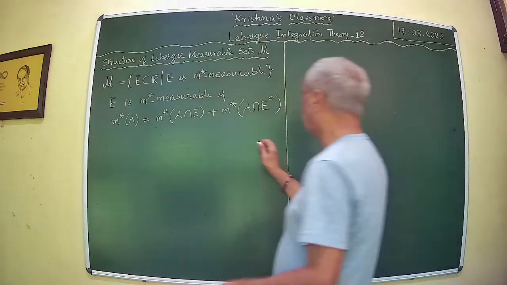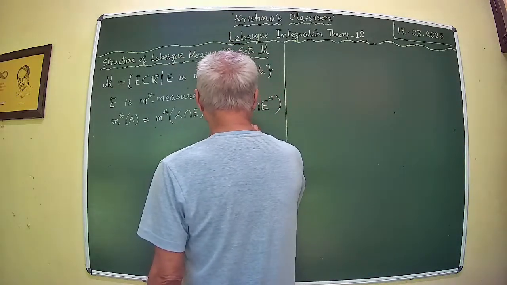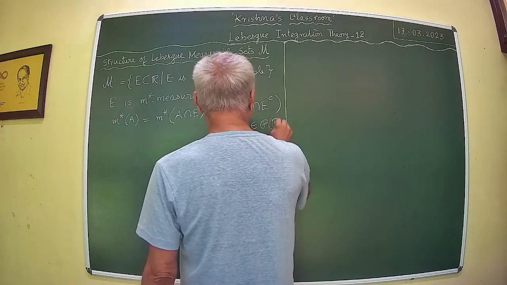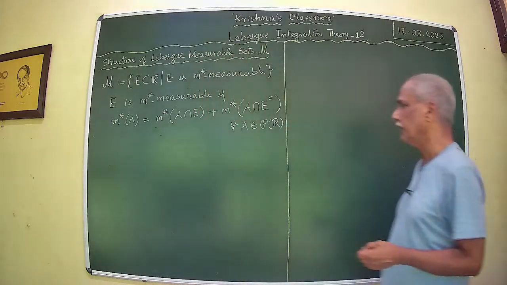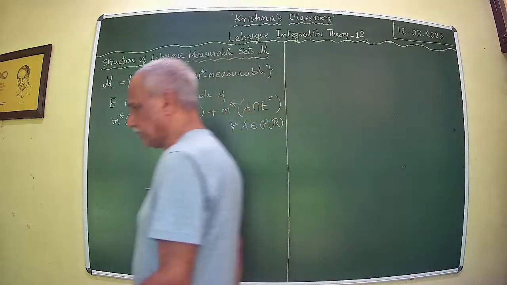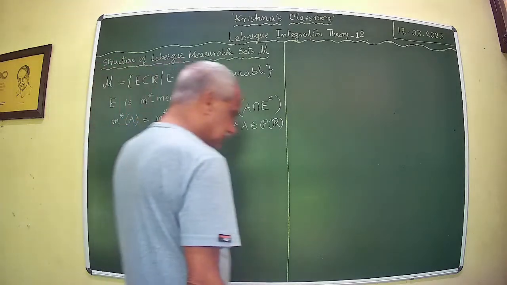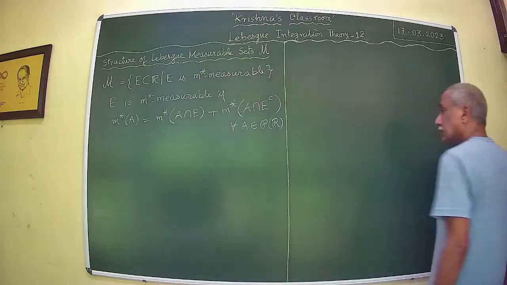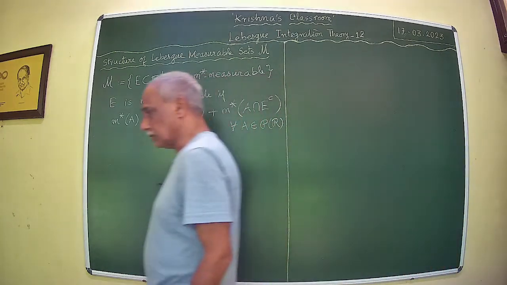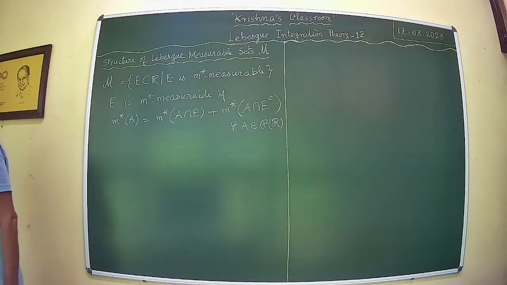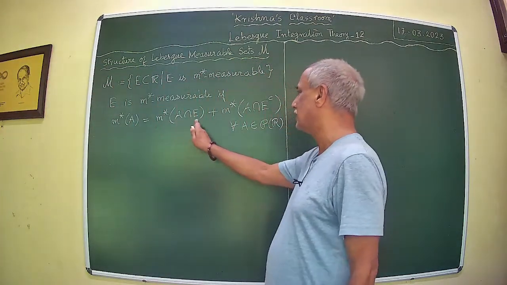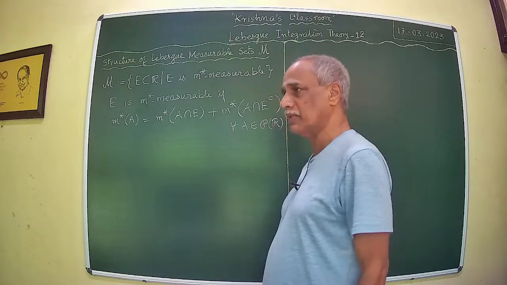This is true for every A belonging to the power set of R, that means for every subset A of R. And what it says is that A is cut rather properly, in the sense that A is actually cut into two pieces, A intersection E and A intersection E complement.